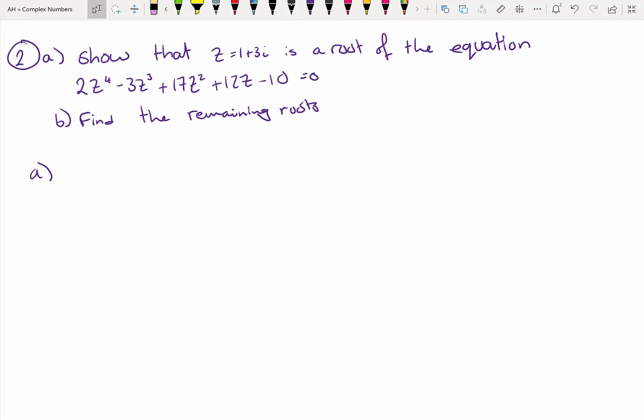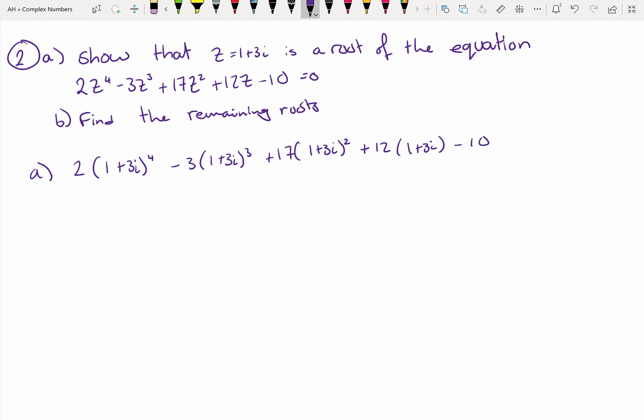So what we're going to do is we're going to have to substitute this in. So we've got two lots of 1 plus 3i to the 4, minus 3 lots of 1 plus 3i cubed, plus 17 lots of 1 plus 3i squared, plus 12 lots of 1 plus 3i, minus 10. And we want to show that that gives us 0.